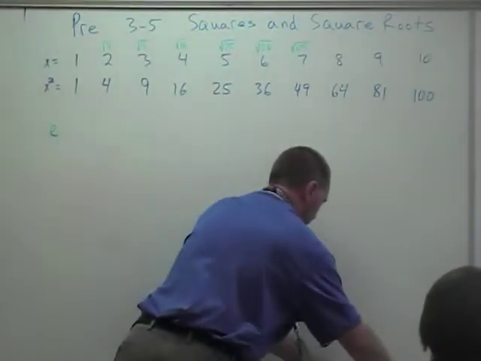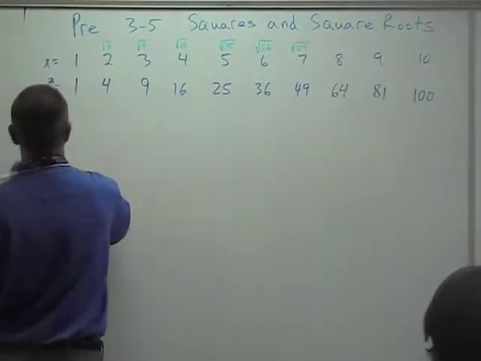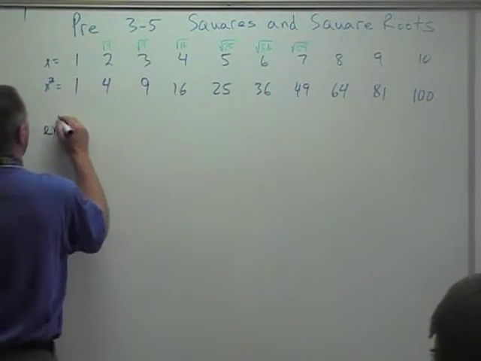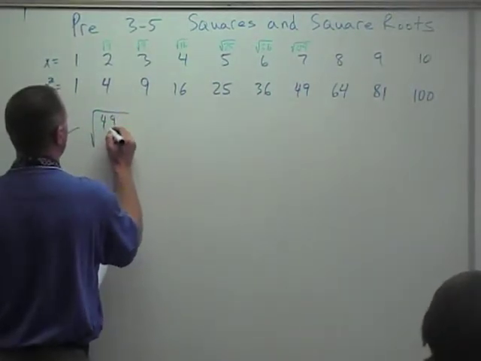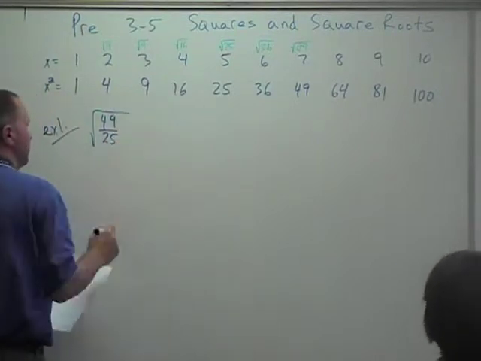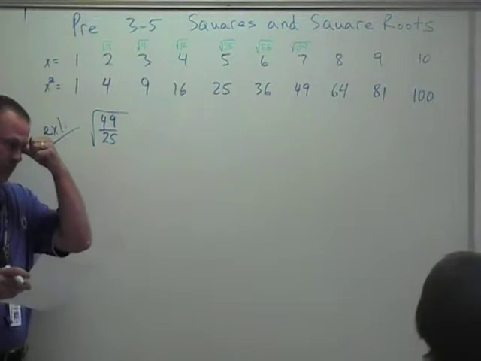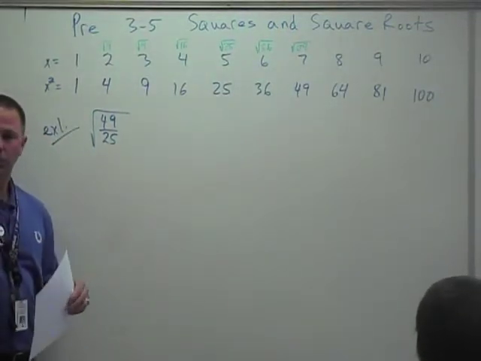Now, example 1. Here's something new that you didn't know. The square root of 49 over 25. That fraction, the square root of both of those numbers. Well, what's new to you is this.